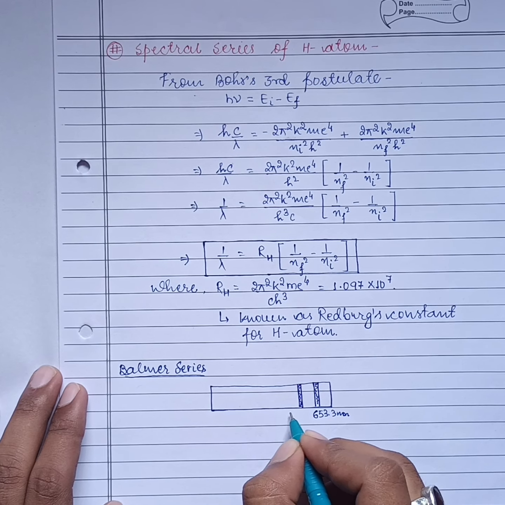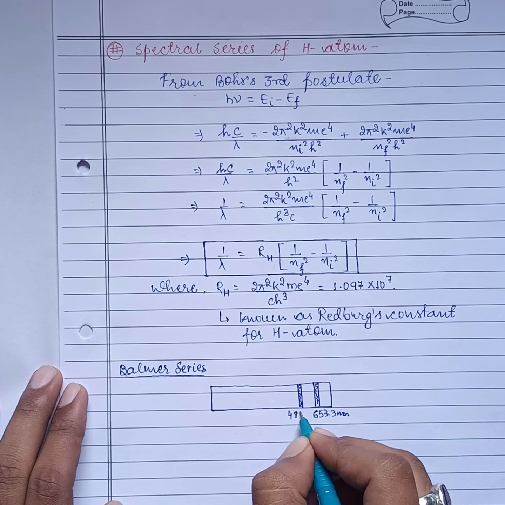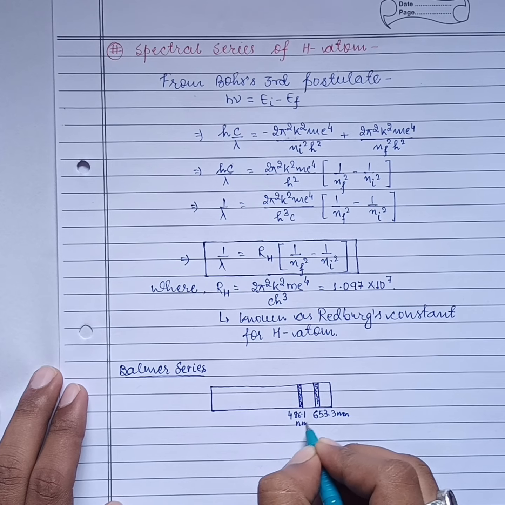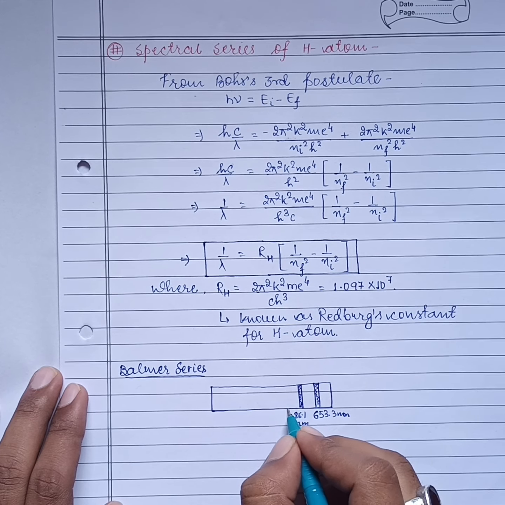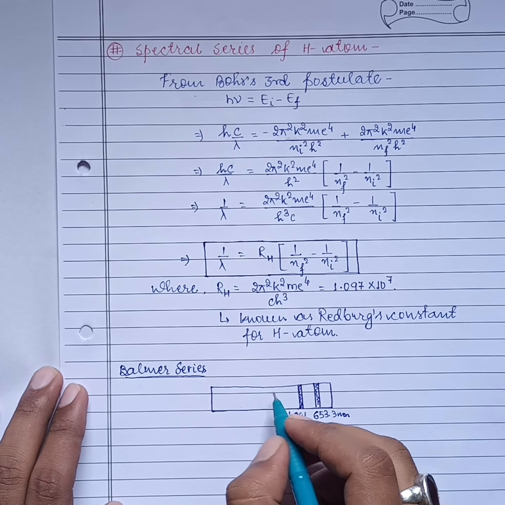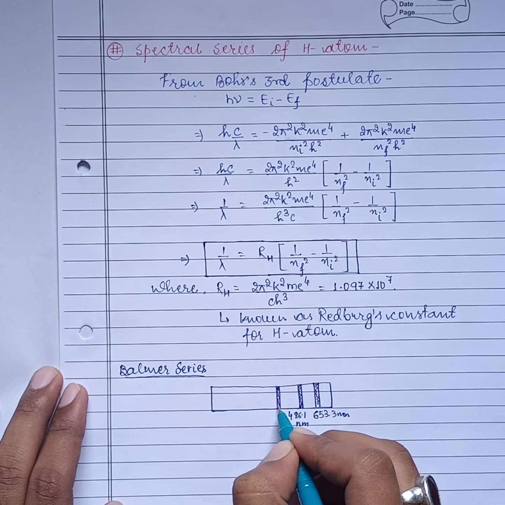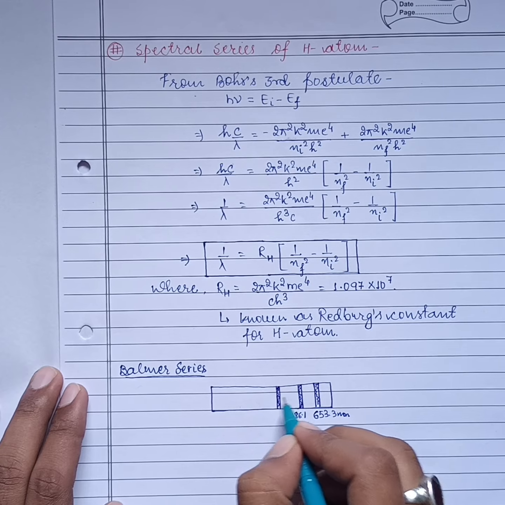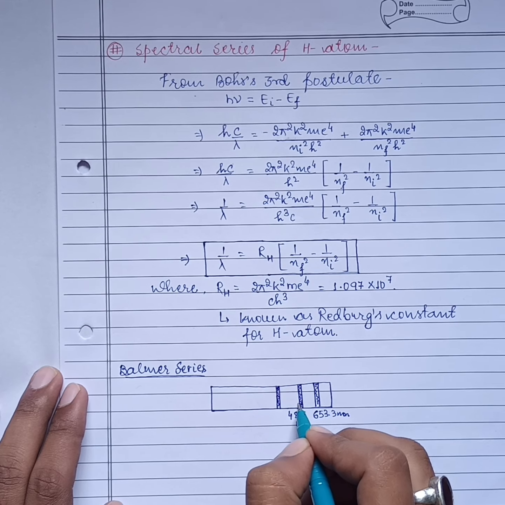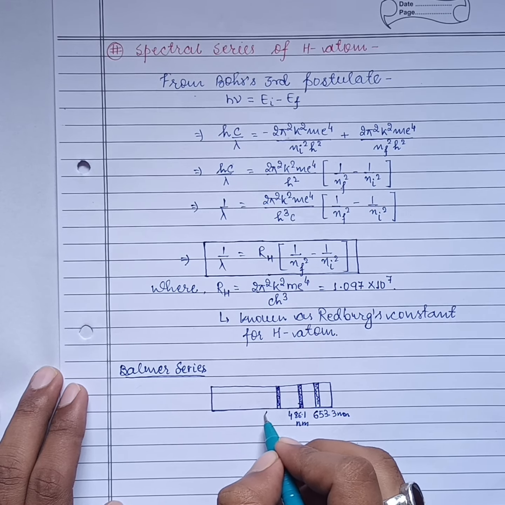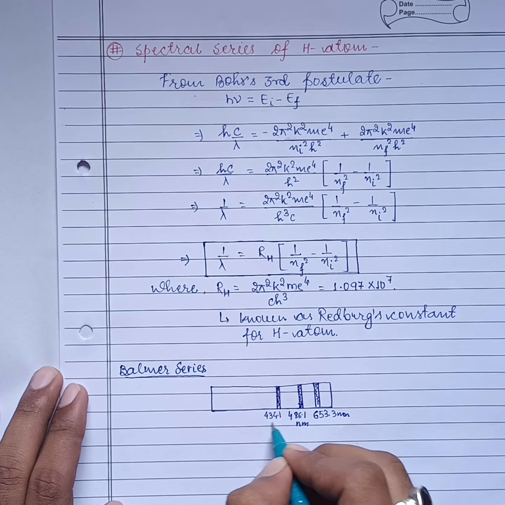The wavelength there was around 486.1 nanometer. Again, when he moved to the left side, he saw one more thinner line, with wavelength 434.1 nanometer.